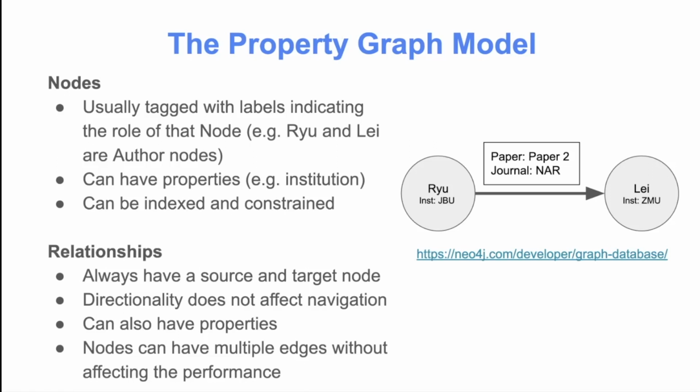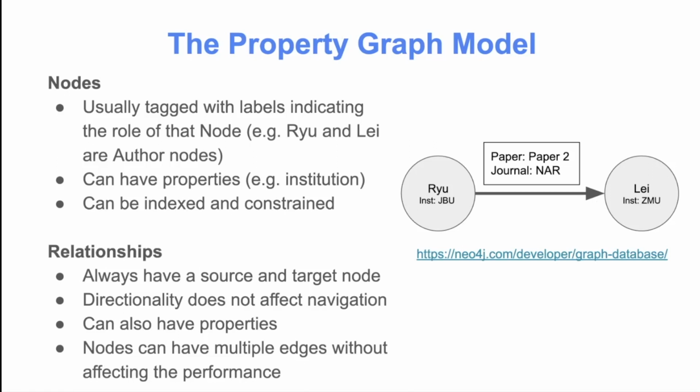For example, these nodes, we know that these are author nodes. We can also have nodes for genes, nodes for diseases, etc. So you can define that this node is this type. And it can have properties. For example, it has the author name, the author institution, and these nodes can also be indexed and constrained in Neo4j.